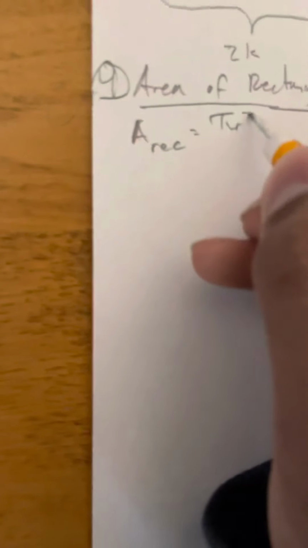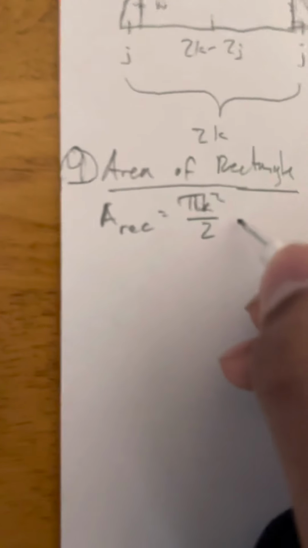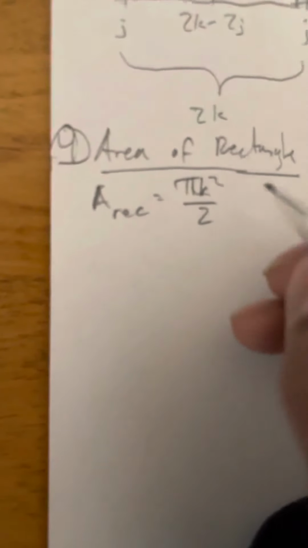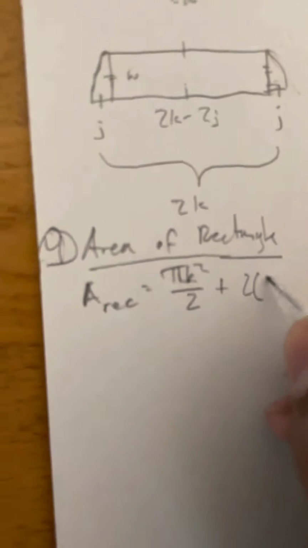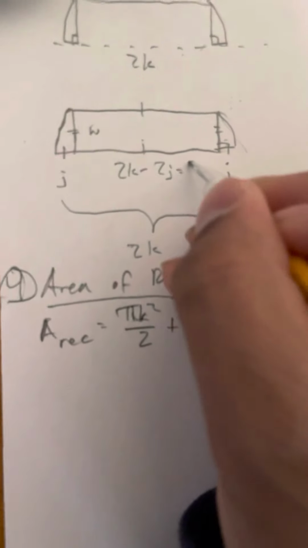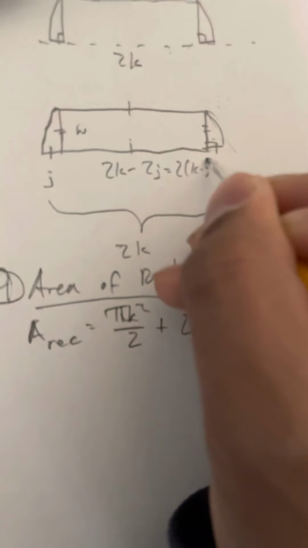The area of the rectangle would be pi r squared over 2, which is the area of the semicircle, pi k squared, I mean, and we add 2k minus j, which is just this 2k minus j.